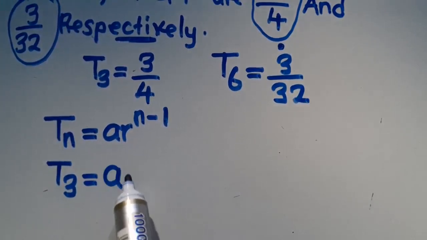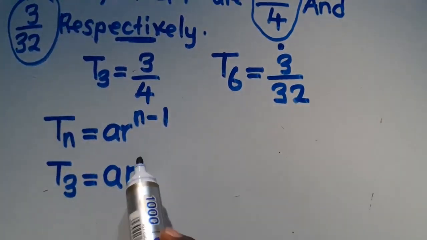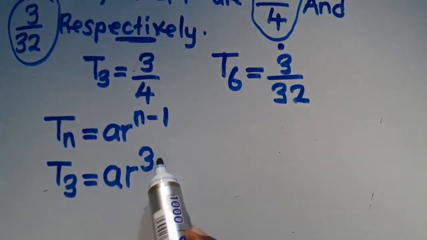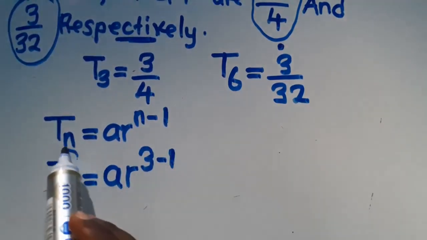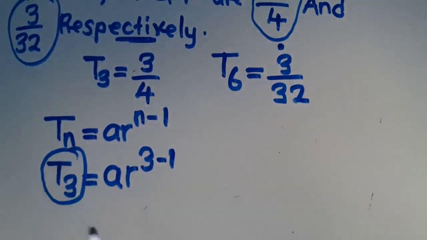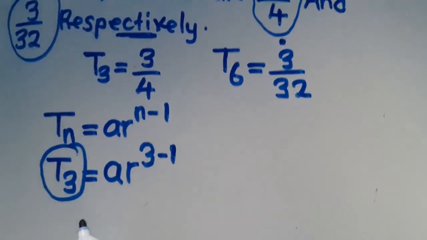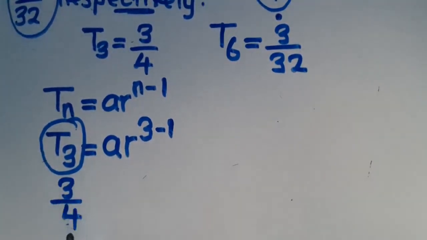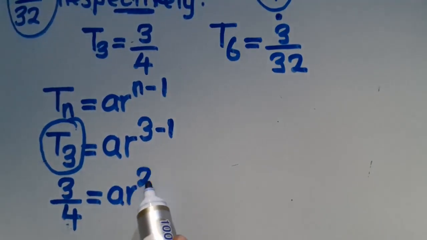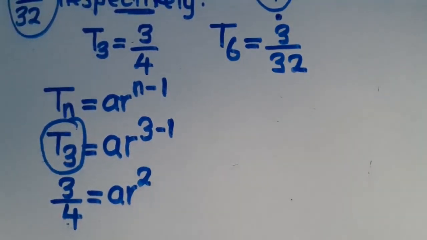The first term and common ratio you don't know, but the third term is 3/4. So 3/4 = ar^2.